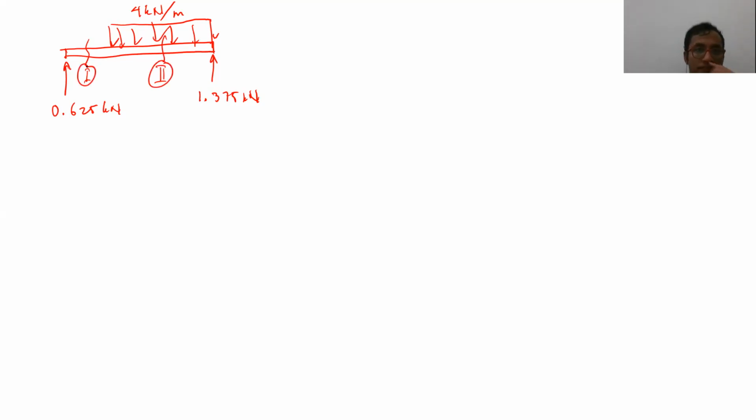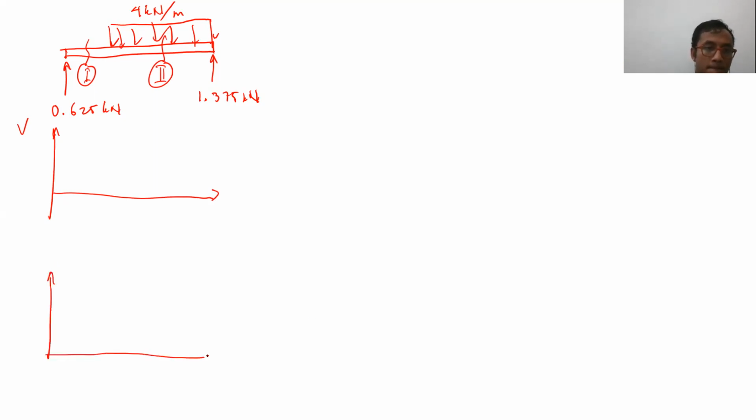Okay, and later we will have to draw the internal shear force and internal moment. Okay, now I will do the first cutting. In the first cutting, my free body diagram will be like this.